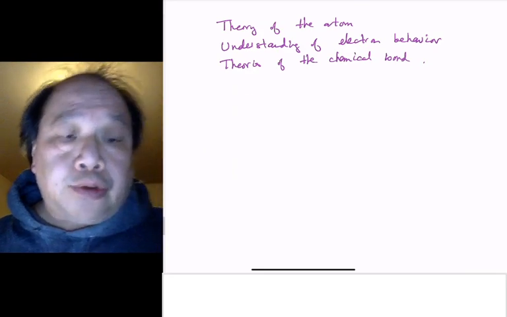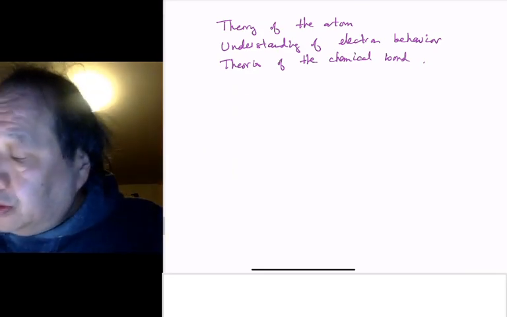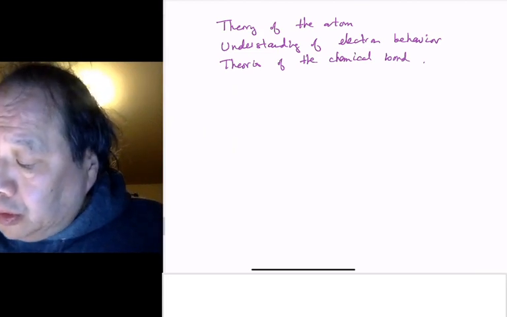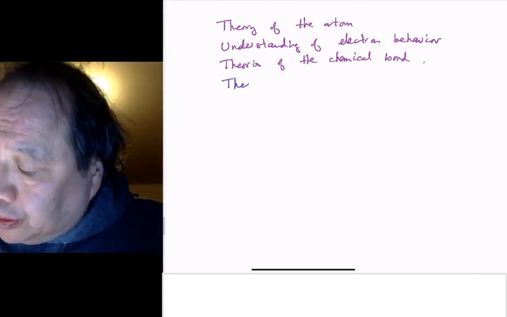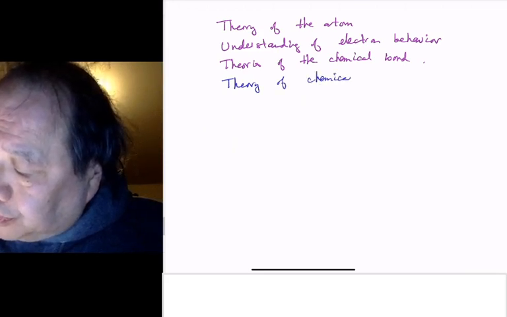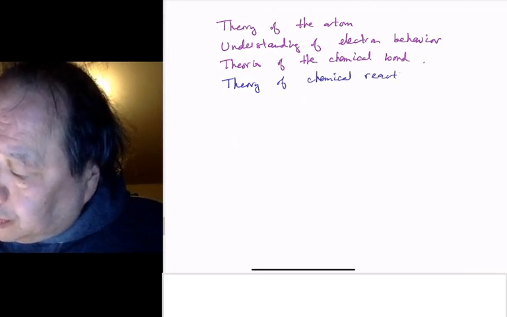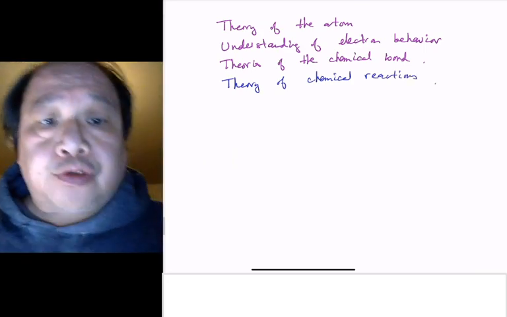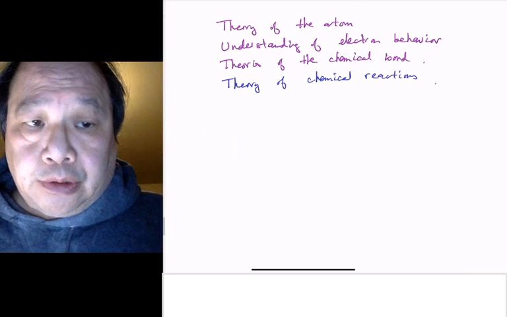We now turn to one last main topic in this course, which is the theory of chemical reactions. And we really will just tell you the beginning of the story of the theory of chemical reactions.